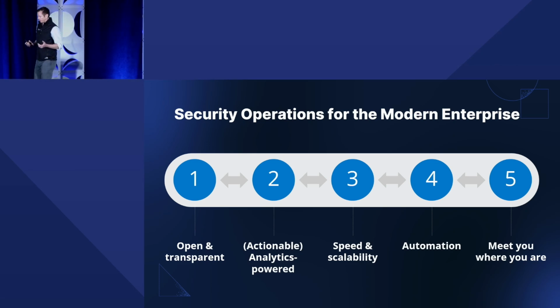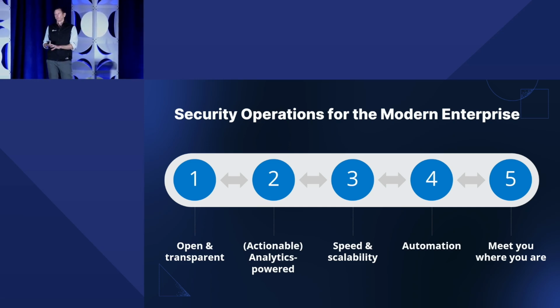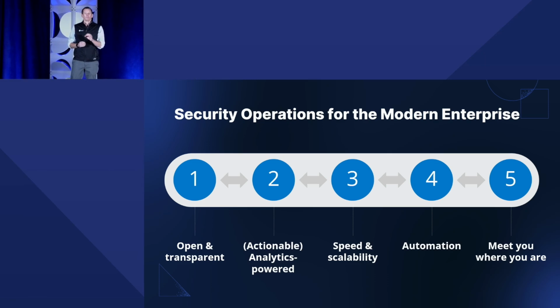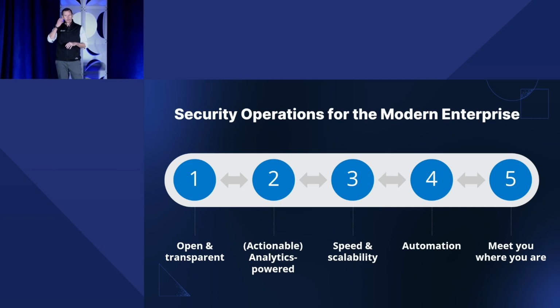That's just not true. We are more secure when we are open about what we are doing, when our rules are published and available, you understand what's waiting our machine learning models, because you can then understand your risk profile better. What is being missed? What can I do to augment this security solution, because I can see everything that they're doing. So look for these security solutions to be open and transparent if you're evaluating products today.